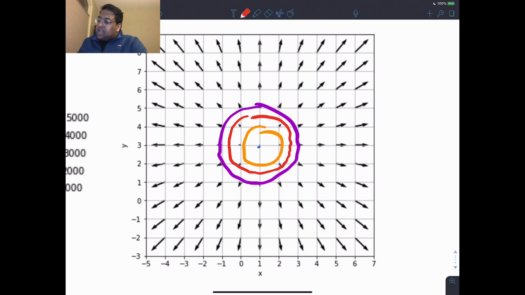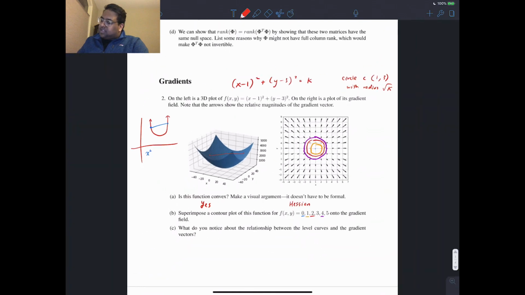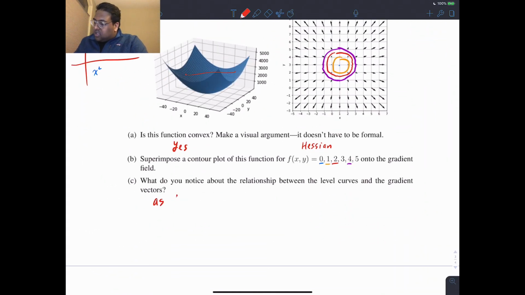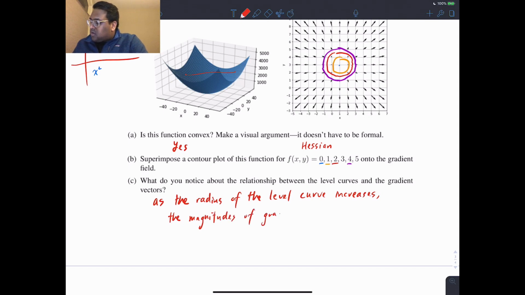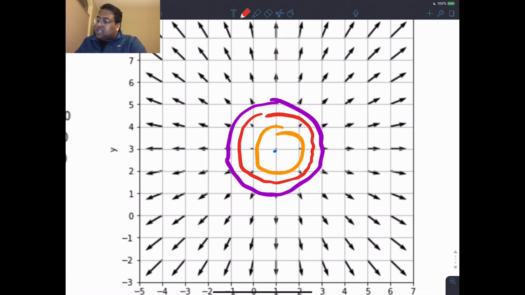So as the radius of the level curve increases, the magnitudes of the gradient vectors increase.